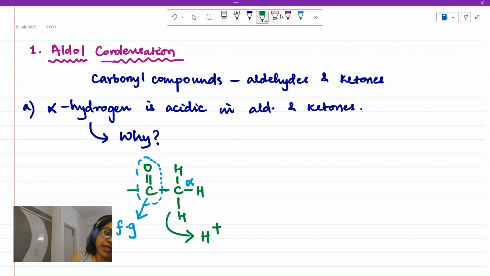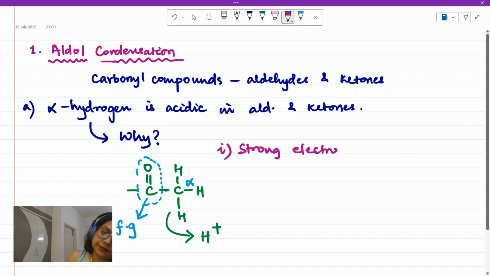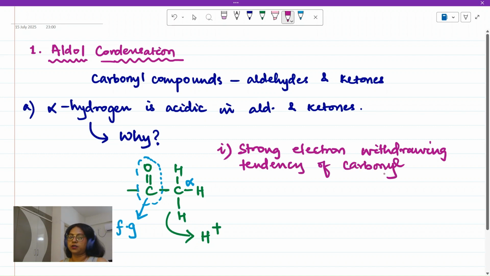Two-pronged reasons are there. First reason is that there's a strong electron withdrawing tendency of carbonyl. Can you explain maybe just in a line what this means? Strong electron withdrawing effect of carbonyl group. Oxygen is electron withdrawing, so the electron density moves towards oxygen, which becomes delta minus.